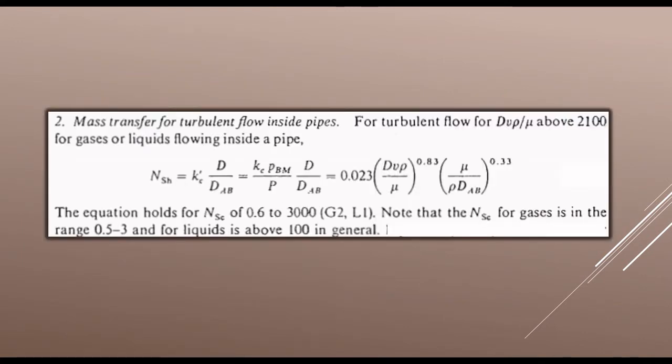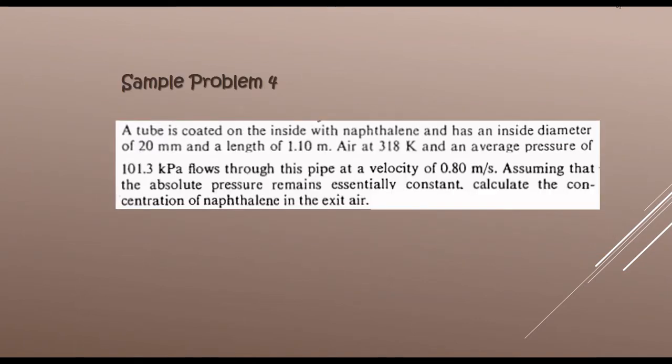Okay, so for us to be able to apply what has been discussed here regarding flow inside pipes or cylinders, whether laminar or turbulent, we have this particular sample problem. In this sample problem, you're given a tube which is coated on the inside with naphthalene and has an inside diameter of 20 millimeters and a length of 1.10 meters.